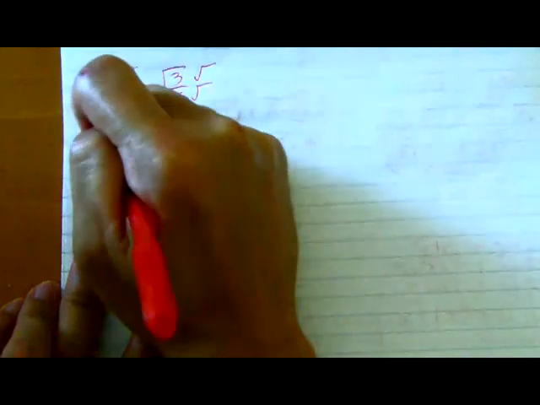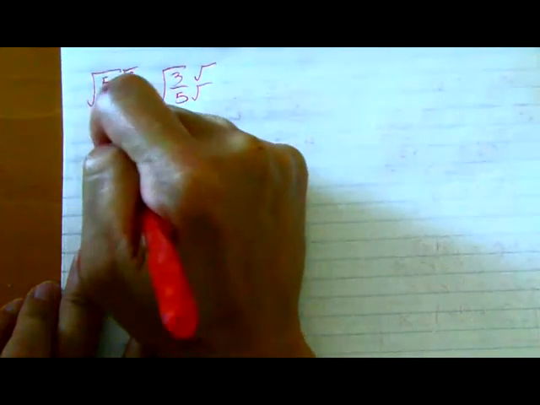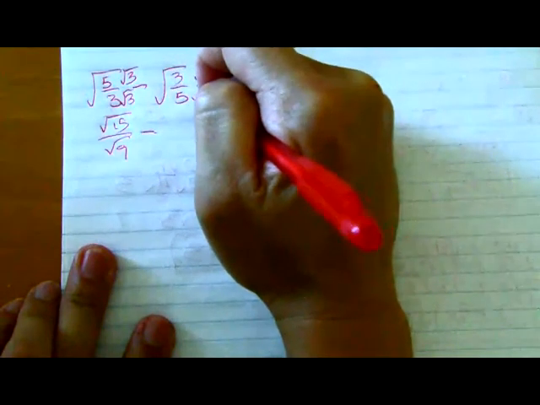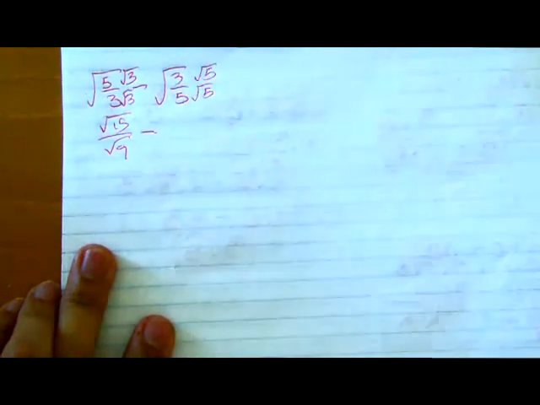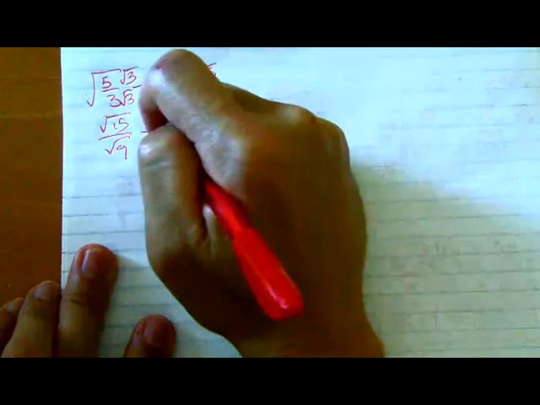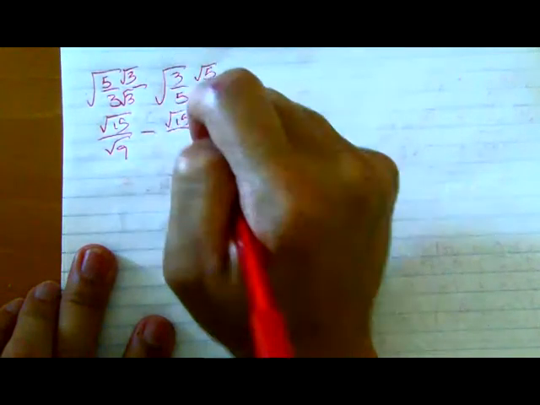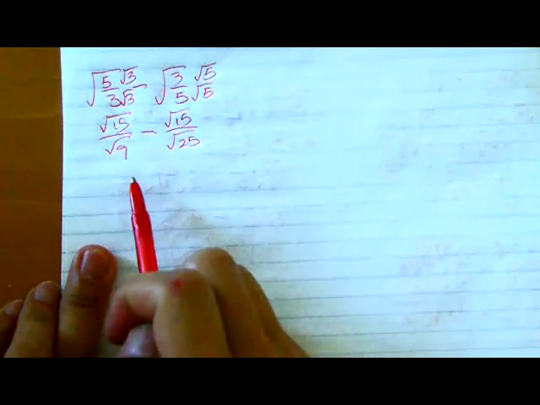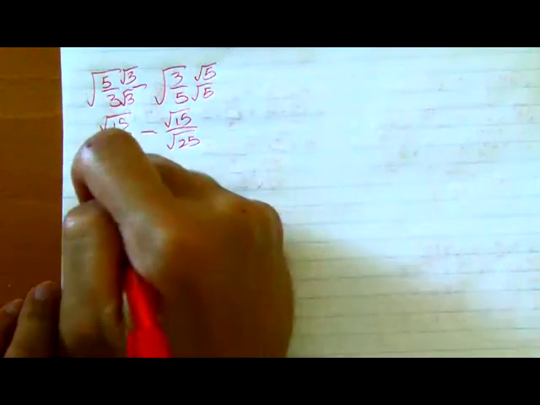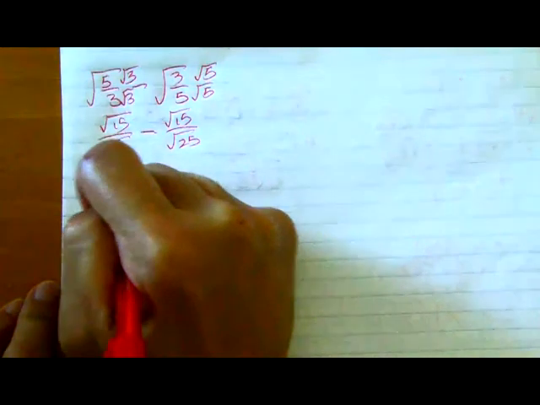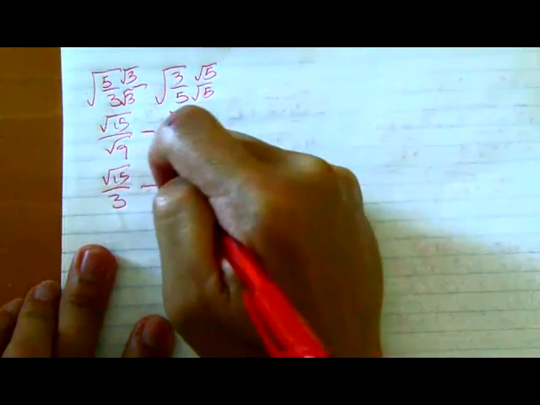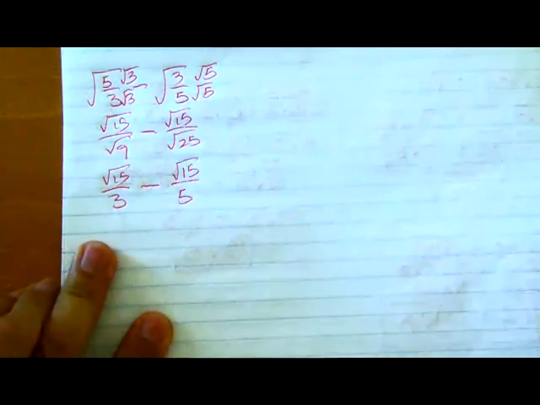That'll give me radical 15 over radical 9. For this fraction, I'm going to multiply by radical 5. Radical 15 over radical 25. Now we can square root the denominator. Radical 15 over 3. I can square root the 25. That's 5. Okay, we're almost there.